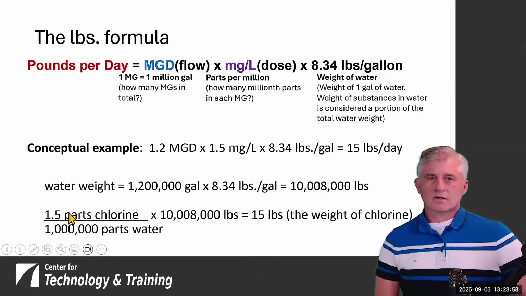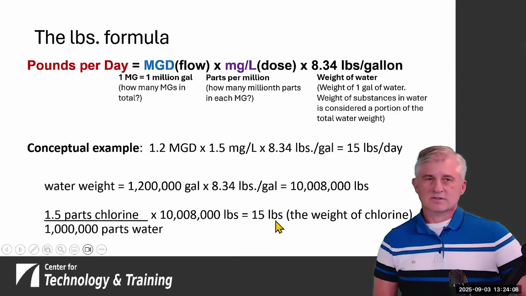And if we take our parts of chlorine and divide it by 1,000,000 parts of water, and multiply that by the weight of our water, it gives us 15 pounds, the weight of chlorine. So we can work these problems in different directions.